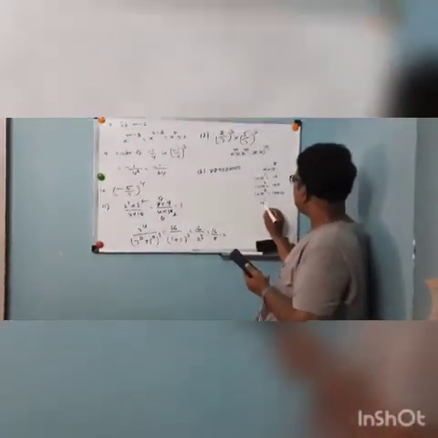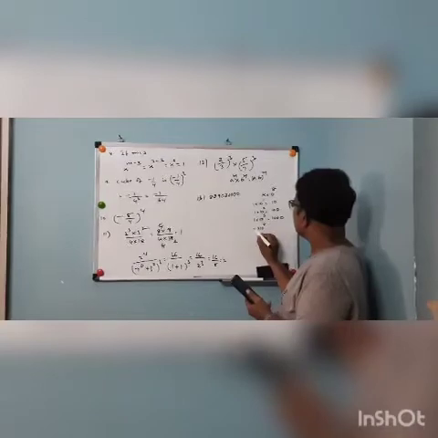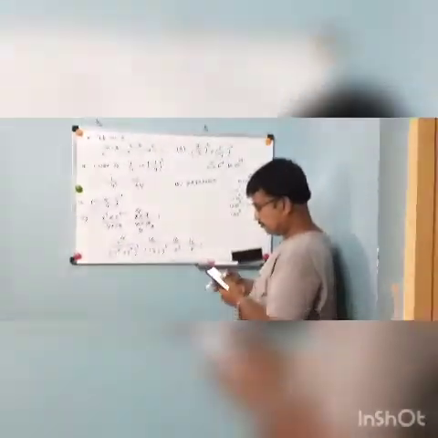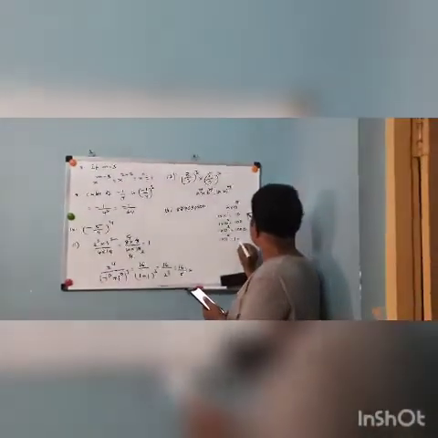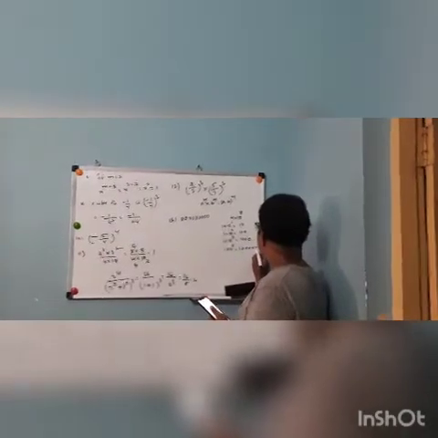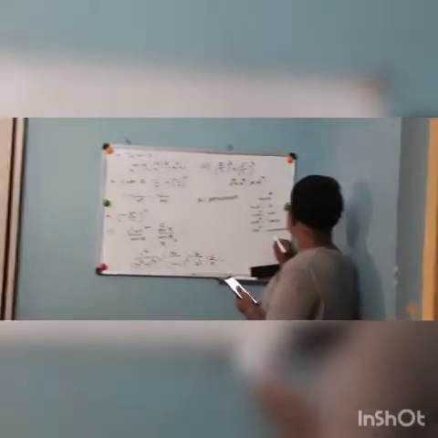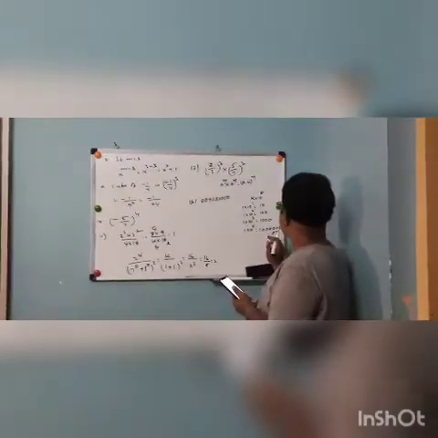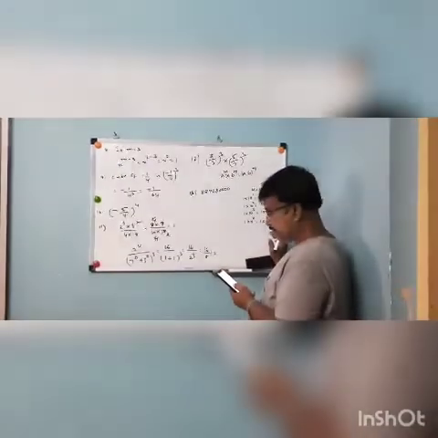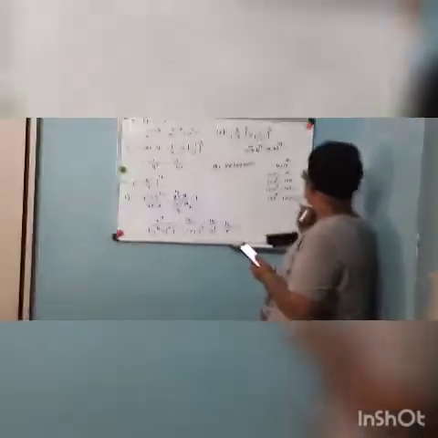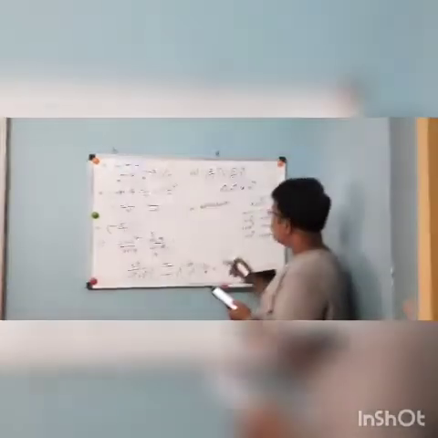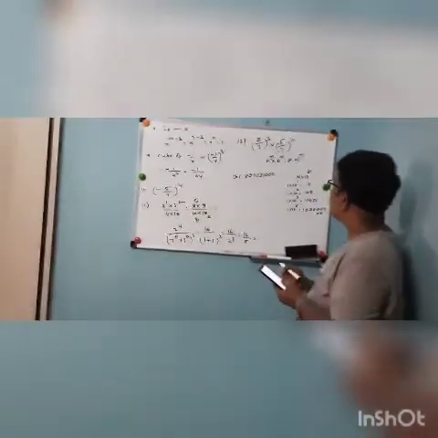So 10 power 8 is equal to 1 followed by 8 zeros. Here 4 zeros are there.